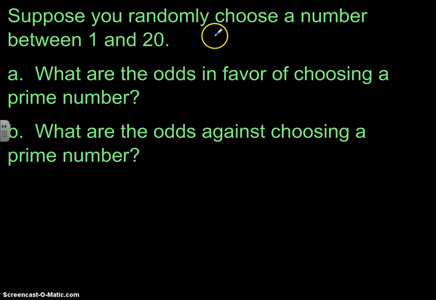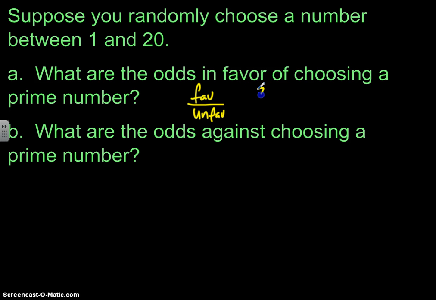Suppose you randomly choose a number between 1 and 20. What are the odds in favor of choosing a prime number? Odds in favor, so I need favorable divided by unfavorable. Okay, choosing a prime number. So we have 2, 3, 5, 7, 11, 13, 17, 19. So we should have 8 prime numbers between 1 and 20.